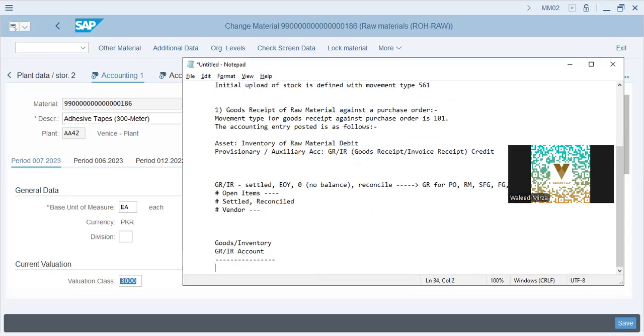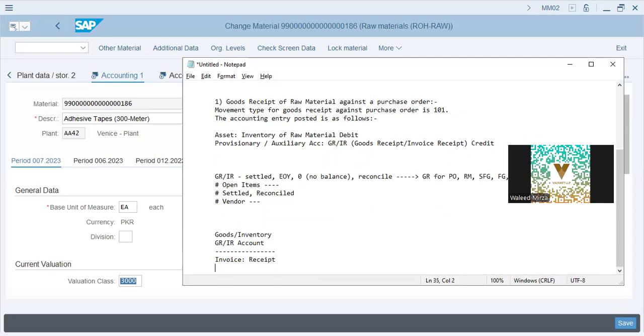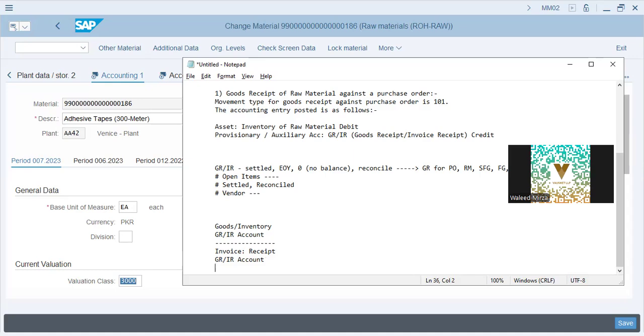Then the vendor sends the invoice receipt. And what happens? The GRIR account is debit and the vendor invoice is credit. That's how this GRIR account gets knocked off. Then what we have is assets, goods inventory, and the vendor invoice as a credit.